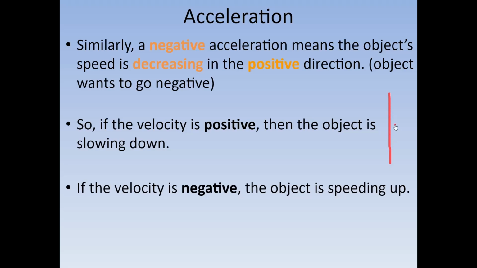And again, we can see this in a graph that if the velocity was positive, it would end up decreasing in the positive direction until it starts going negative. If the velocity was initially negative, it would continue to increase in the negative direction, with a graph that looks like it's going down.